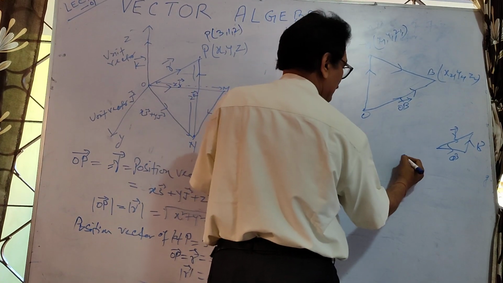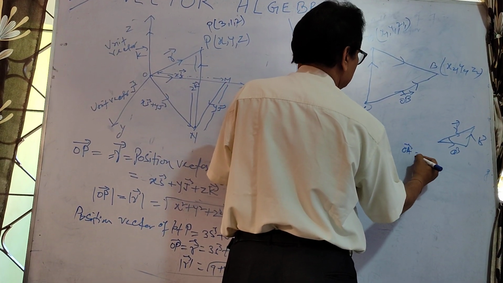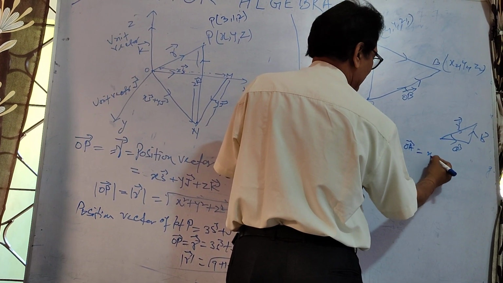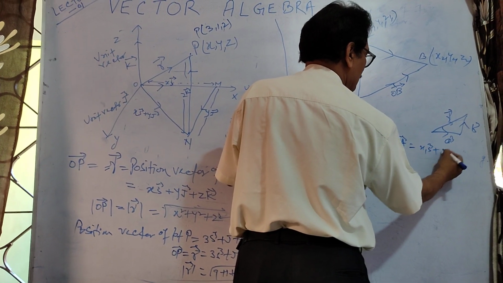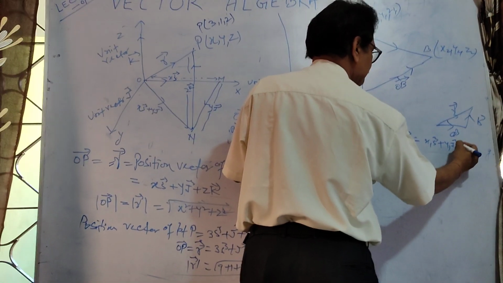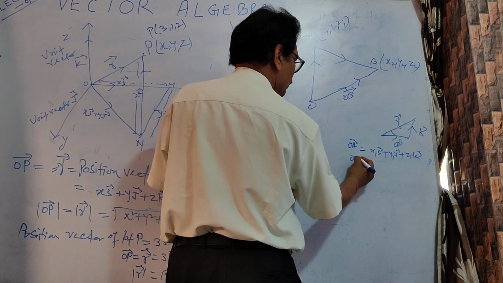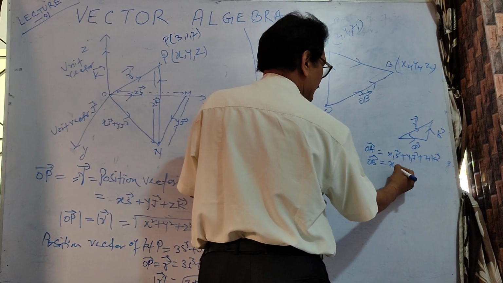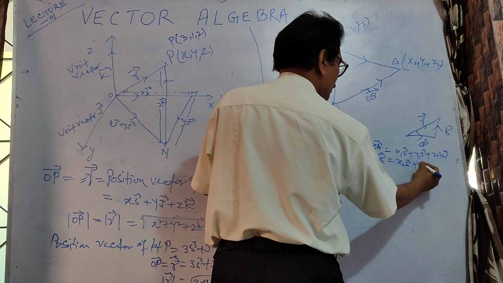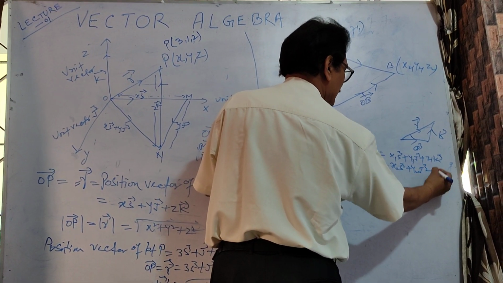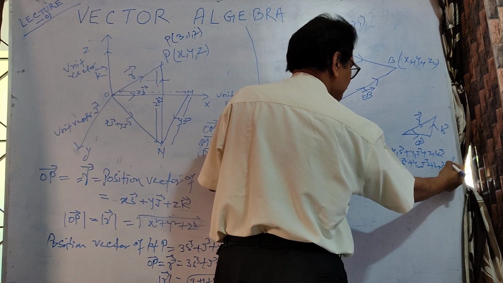Here you can write OA is equal to x1i plus y1j plus z1k. OB equal to x2i plus y2j plus z2k.